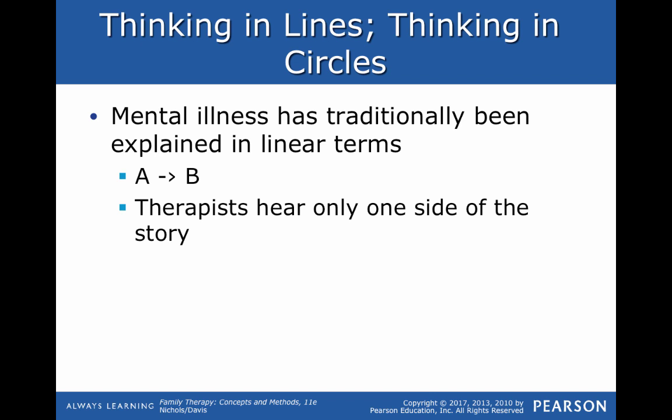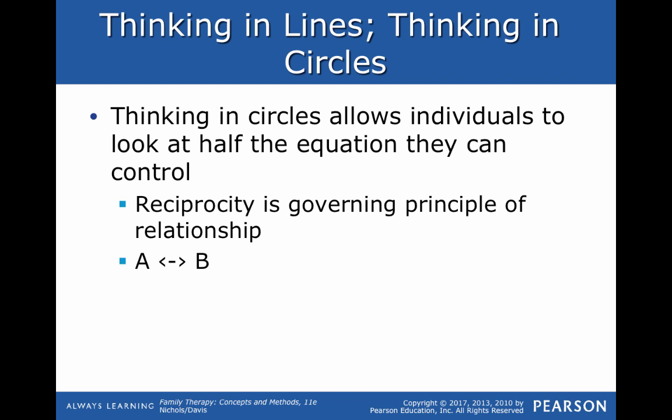So these explanations take the form of A leads to B. And in individual therapy, therapists only hear one side of the story. When we think in circles, this allows individuals to look at half of the equation that they can control. And so this recursive or circular explanation takes into account interaction and mutual influences. We see that A leads to B and B leads to A.